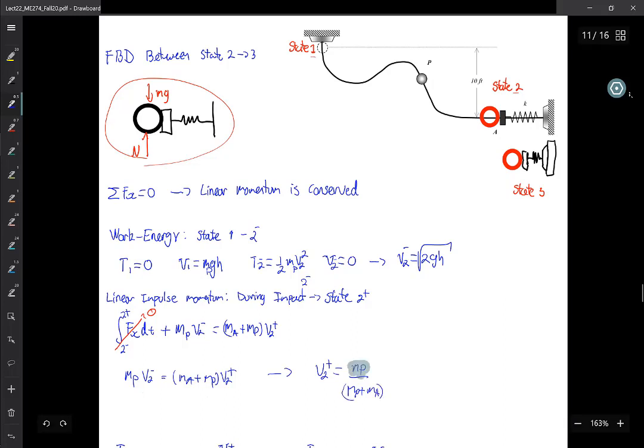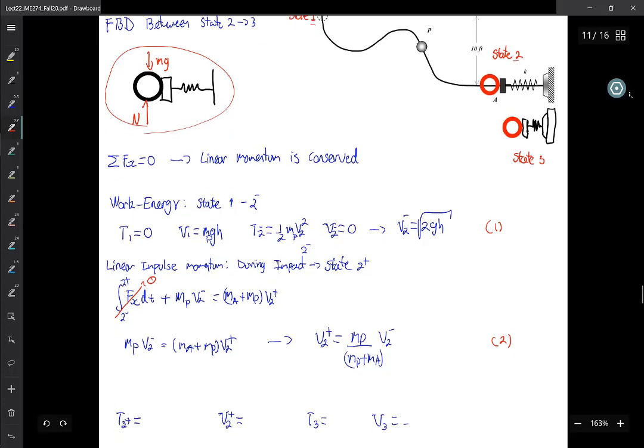It's the other way around, sorry. Oh, yeah, I was doing it correct, sorry. So I have a reduction in the speed, because the mass is greater. And this is our equation number 2; this was 1.